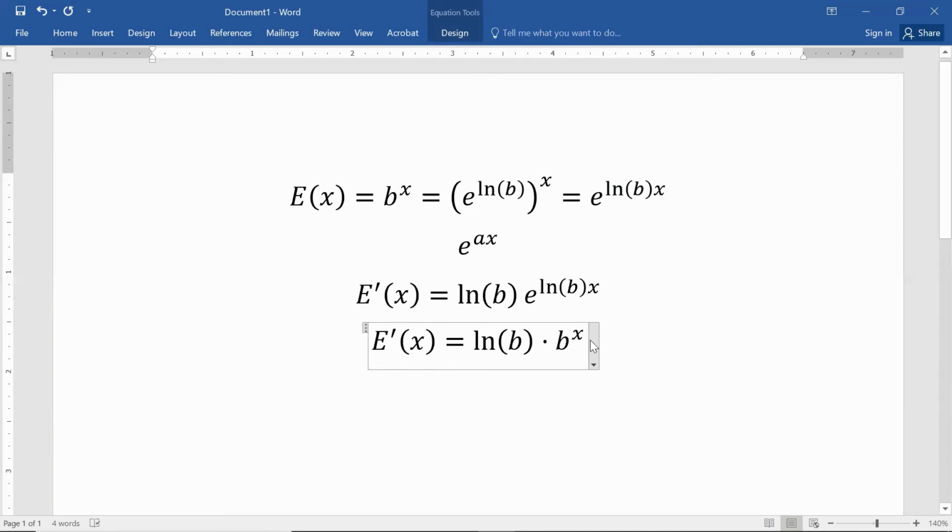So if you have any other base other than e, you can take a derivative by taking that base to the x power times natural log of the base. So that's how it's done with bases of different numbers.